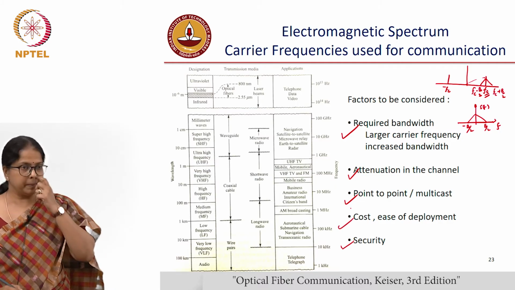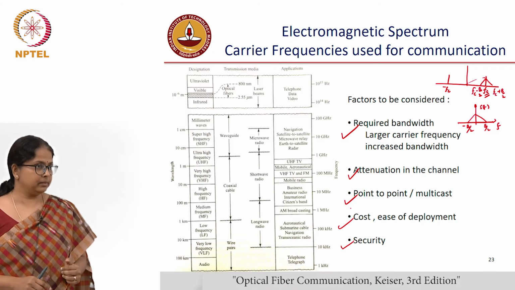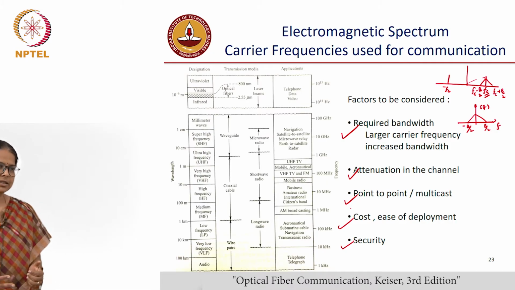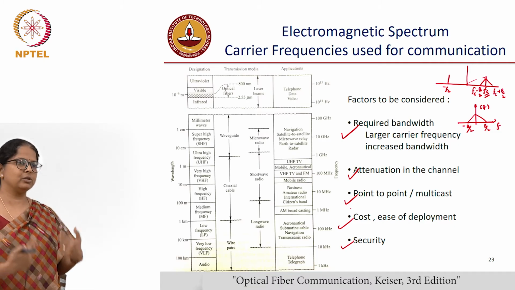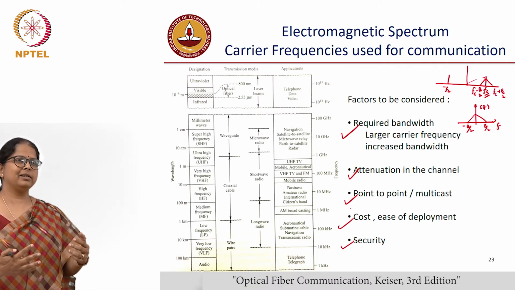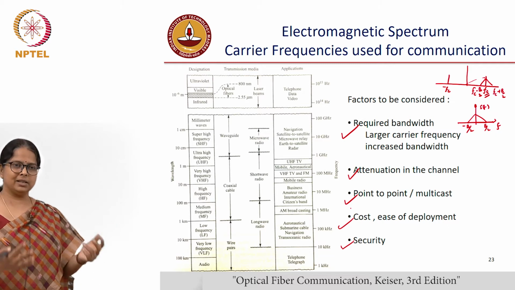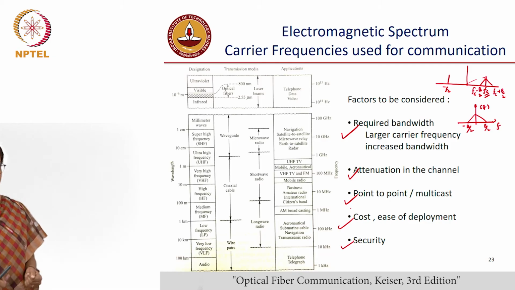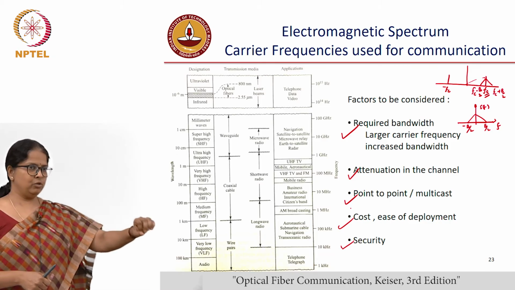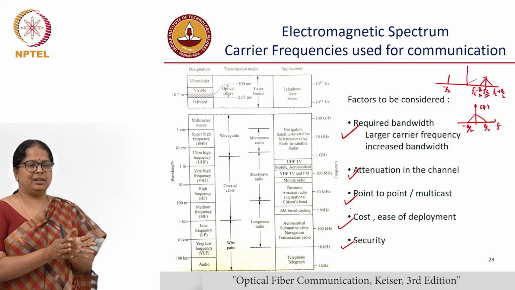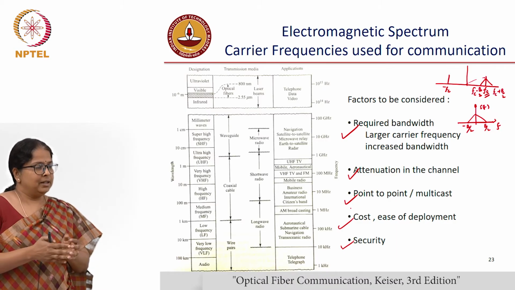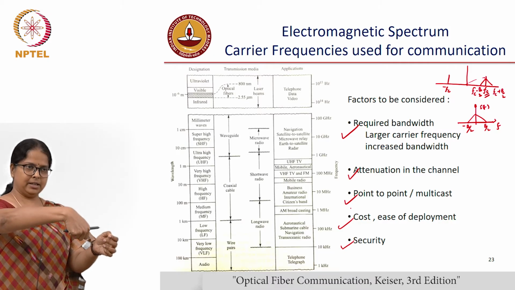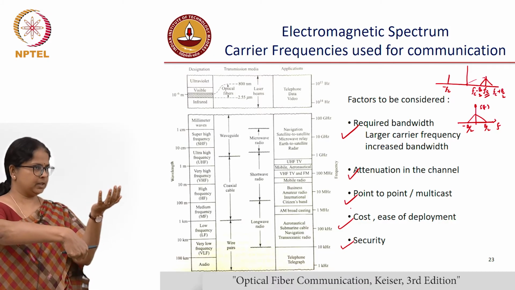Then security. Is my information secure? These days security is becoming a very big concern, because through the internet we are also using all our unique identification numbers and things like that. So, can I tap my information? If I use a coaxial line, as you go to higher frequencies the coaxial cable will start radiating the information, which means I can keep an antenna nearby and pick up whatever is being transported.